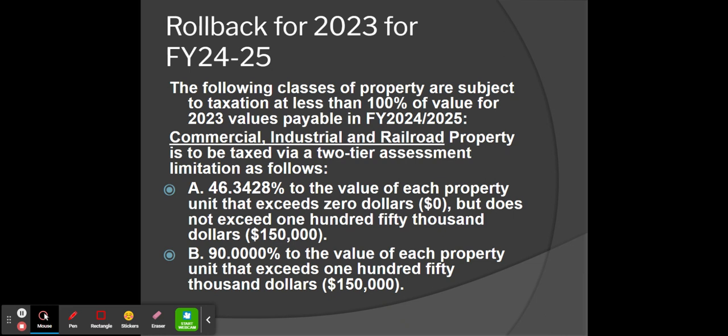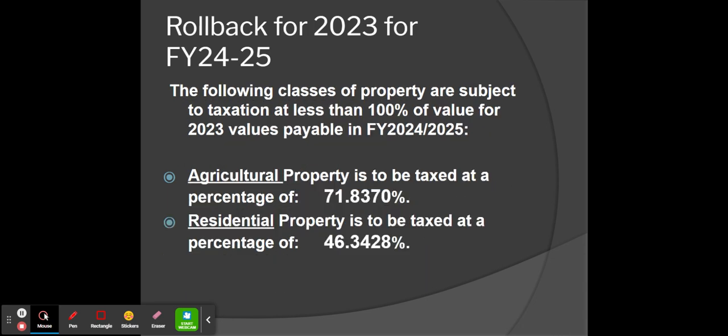And then when we talk about some of the other classes of property, commercial, industrial, and railroad property is actually subject to a 2-tier assessment limitation. So for the first $150,000 of value of each property unit, they would receive a percentage of 46.3428, which is, again, just what residential was.